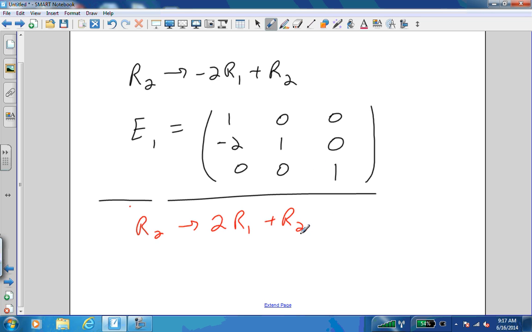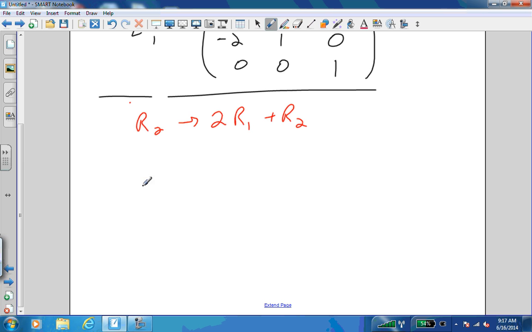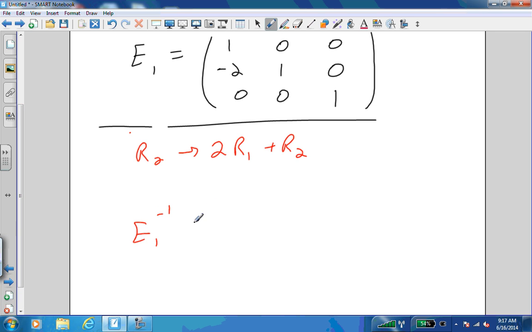Still going to combine that with the second row, but we're going to do positive 2 times the first row instead of negative 2. So for the inverse of that elementary matrix, we're still doing this to the second row, but instead of multiplying the first row by negative 2, we're multiplying it by positive 2.